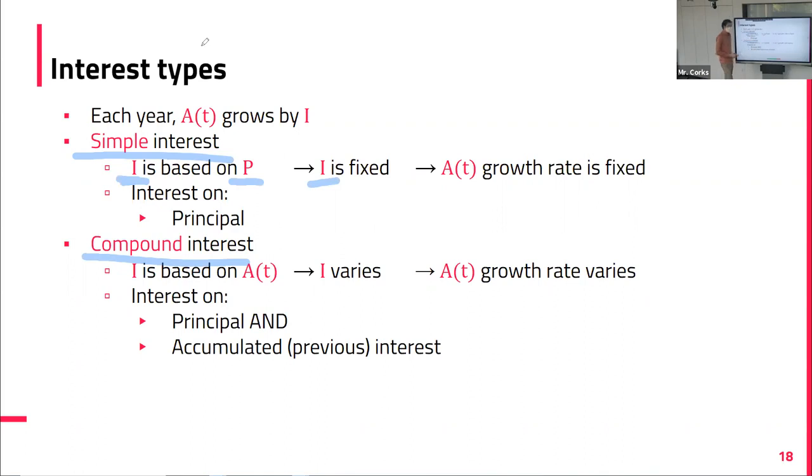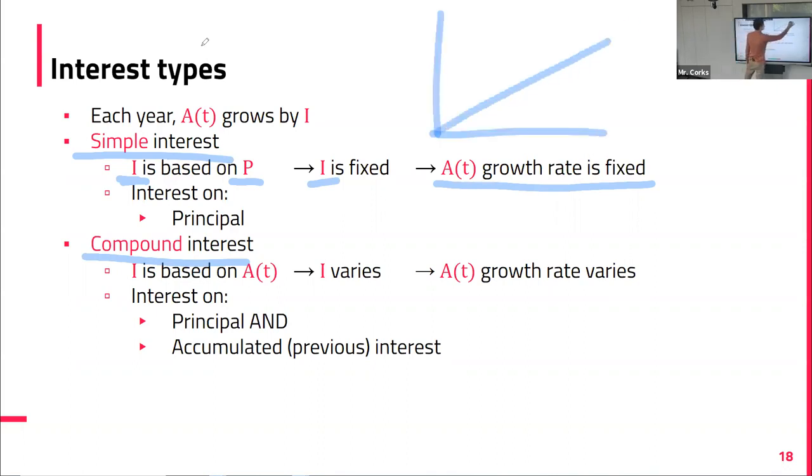The original value never changes. So that means the dollar value of the interest we pay also never changes, it's fixed. So the growth rate of the investment or loan is also fixed because it's growing at the same rate. If we put it on a graph, it would just be a straight line like this, fixed growth.